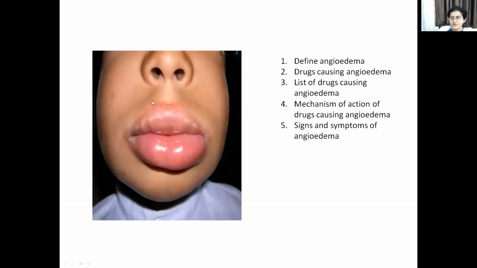This is chart number 1, that is identify this area, that is angioedema, swelling of the lips caused by ACE inhibitors, and name few ACE inhibitors. You have to write captopril, ramipril, lisinopril, enalapril, and uses of ACE inhibitors will be hypertension. Other side effects can be your brassy cough, okay, and hypotension.